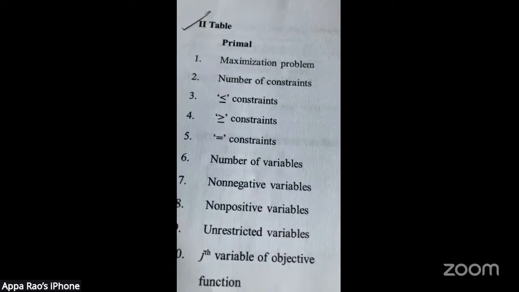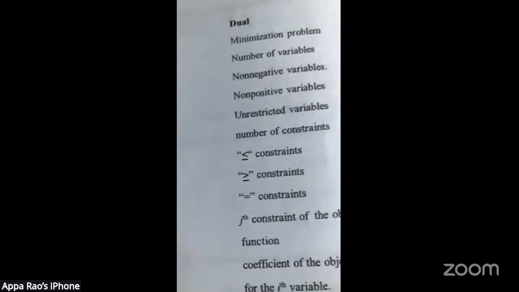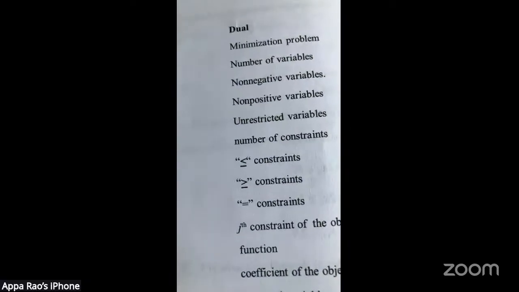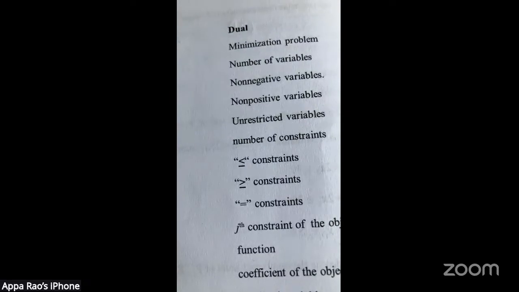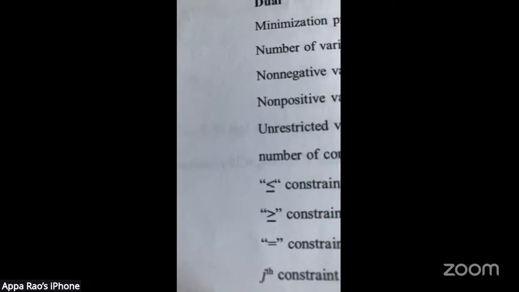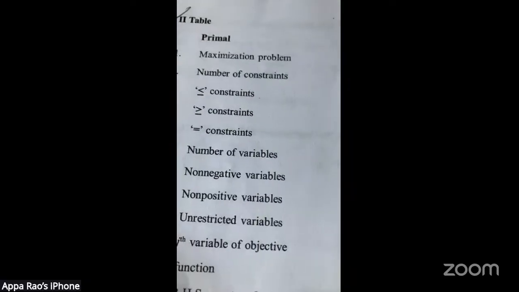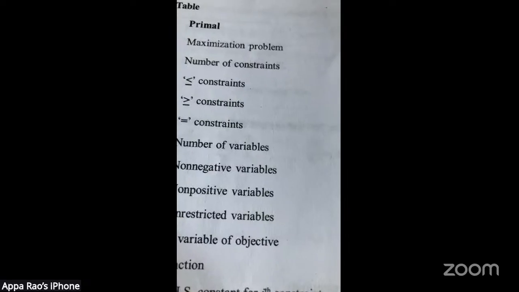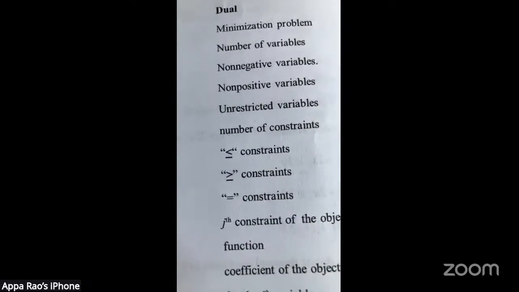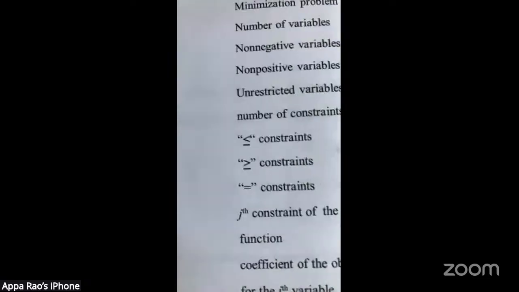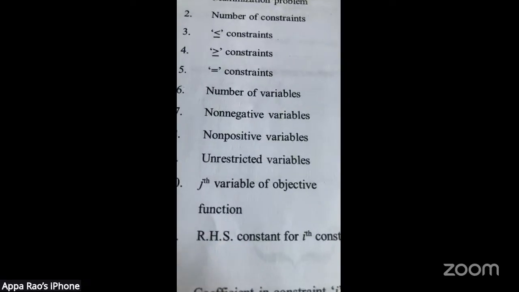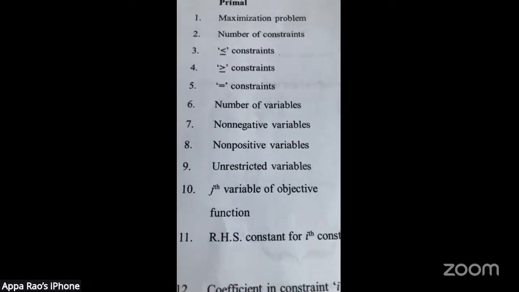Greater than or equal to constraints corresponds to non-positive variables. Equal constraints correspond to unrestricted variables.